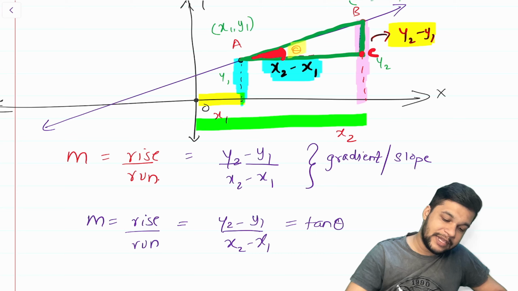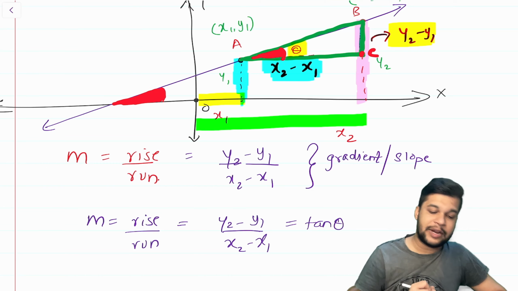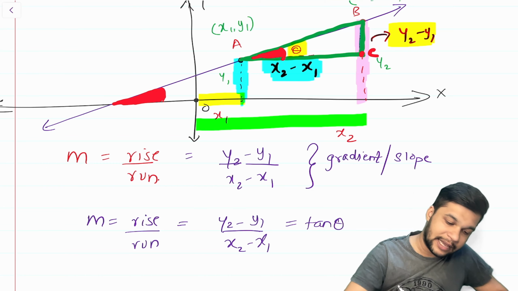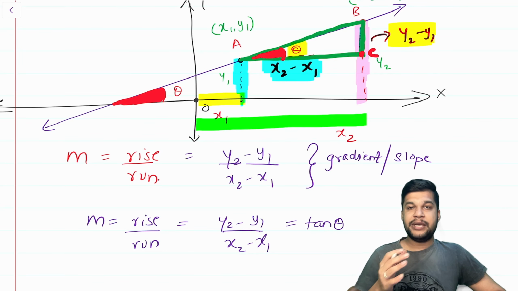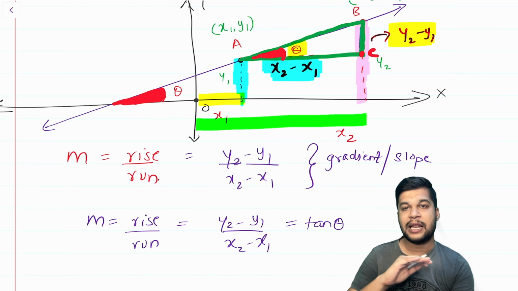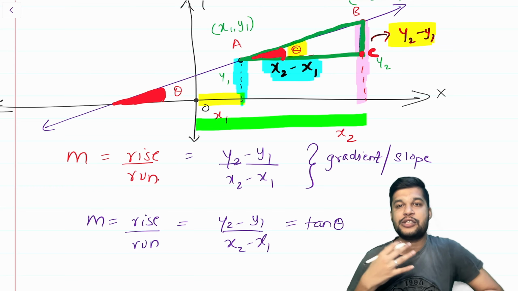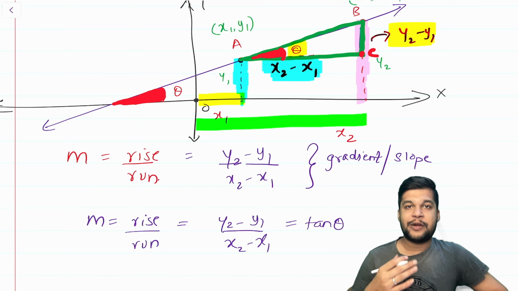Now if this angle is theta, can I say this angle over here is also theta, because of corresponding angles? Which means if I take the tan of the angle at which the line is inclined, I get the slope.